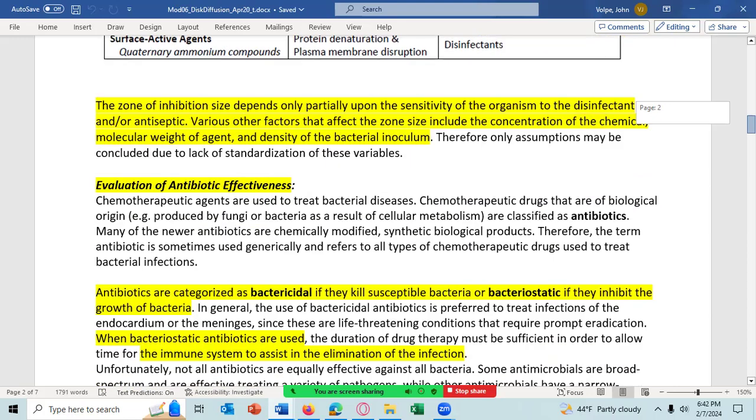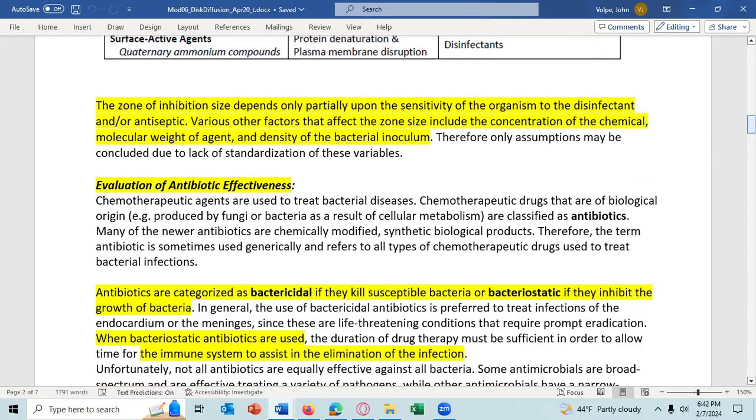The zone of inhibition size depends only partially upon the sensitivity of the organism to the disinfectant or the antiseptic. There are various other factors that affect the zone size, including the concentration of the chemical. Generally, the more concentrated the chemical, the larger the zone of inhibition. The molecular weight can also affect the size of the zone.